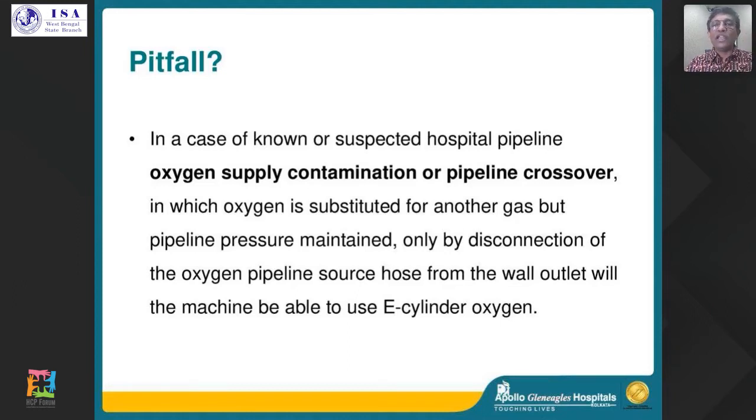Even if you open the oxygen cylinder, oxygen will not get into the anesthesia machine. The only way you can prevent it, if you have suspected that, is by disconnecting the pipeline from the anesthesia machine. So the pipeline to the anesthesia machine has to be disconnected, then the oxygen cylinder opened, and only then you can get oxygen in.